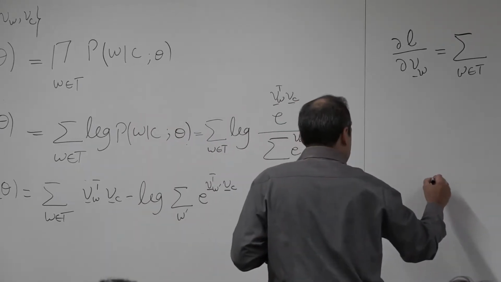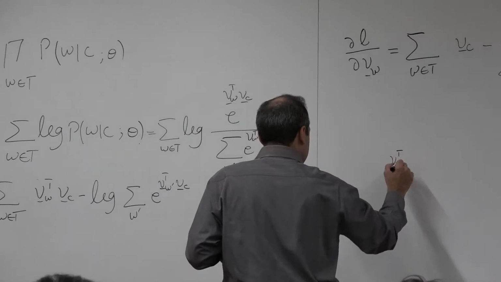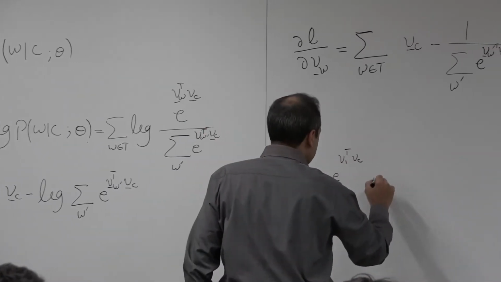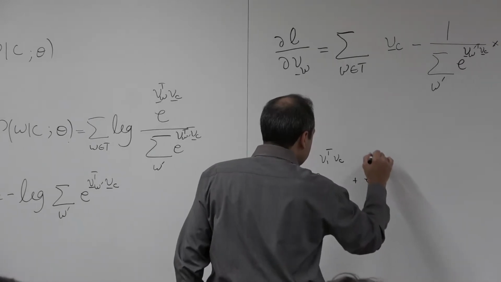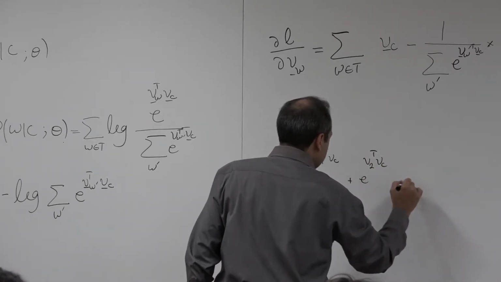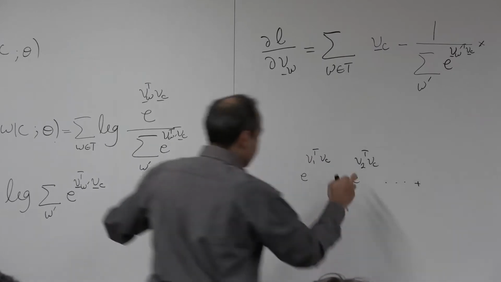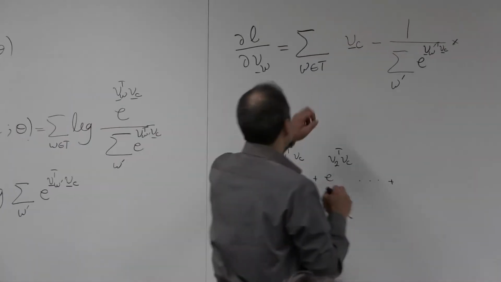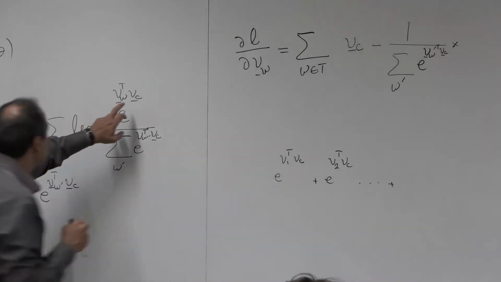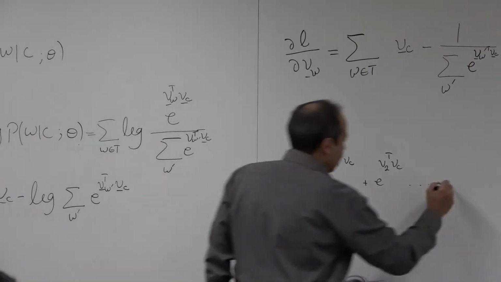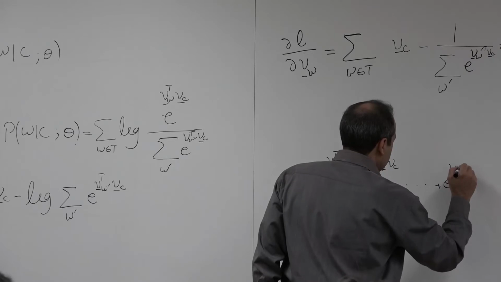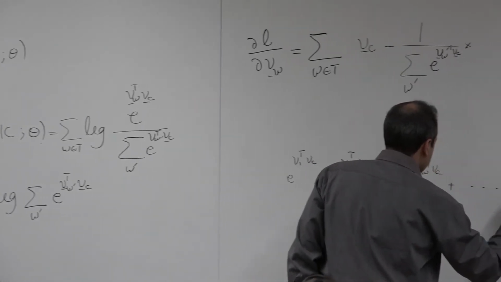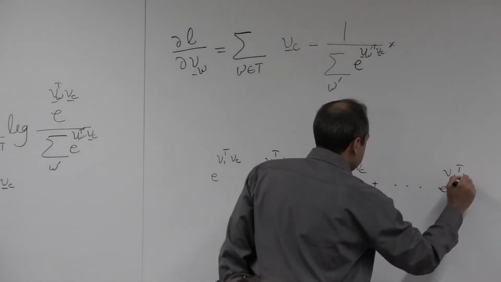This is basically e to the power of V1 transpose Vc plus e to the power of V2 transpose Vc. At some point, this index is going to be w, the same as this index. And then some other terms, up to e to the power of Vd transpose Vc.